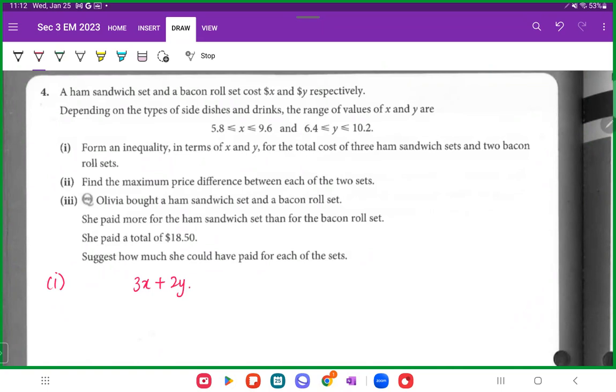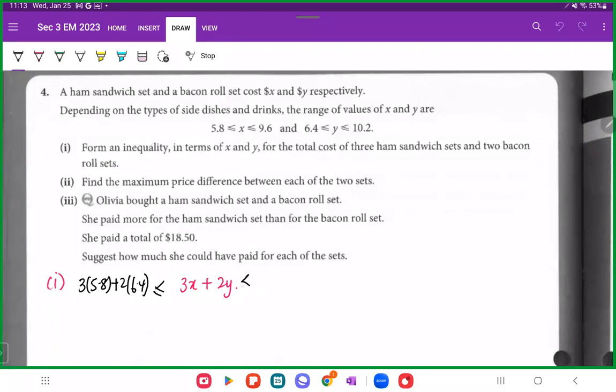You take the lowest value for both x and y to be the left-hand side, and then the highest value to be on the right-hand side for both. So for the x itself, I will take 580 plus 2 of the 640.